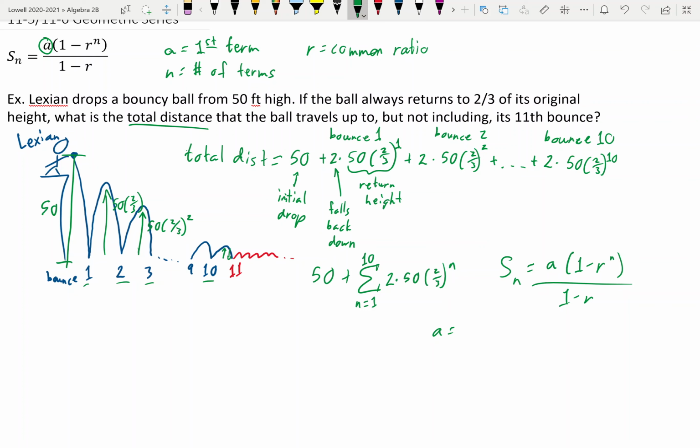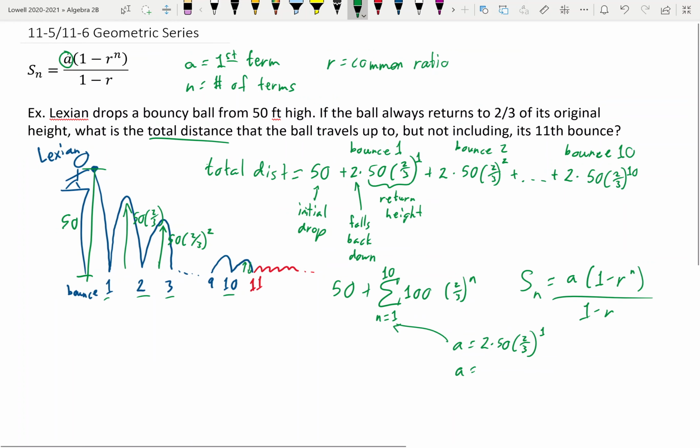So the first term that we actually care about is going to correspond to when I plug in n equals 1. So let's evaluate 2 times 50 times 2/3. I'm going to leave this all as a fraction and then throw it into my calculator at the very end here. But this is going to be to the first power. By the way, 2 times 50 is just 100, so times 2/3 is 200 over 3.